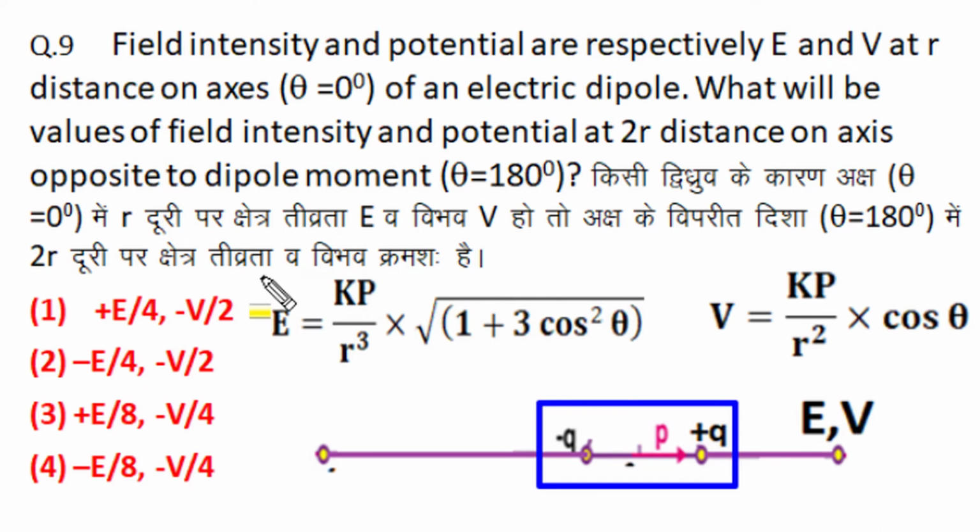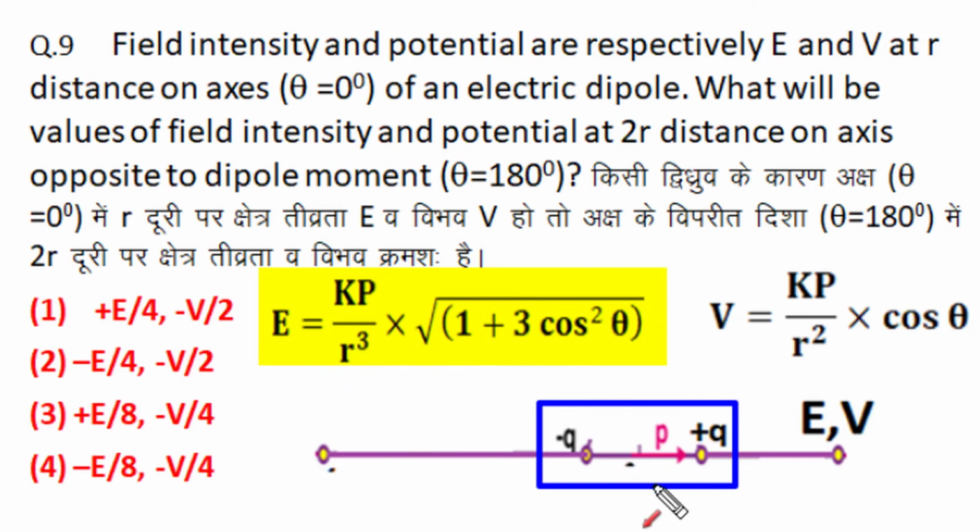Electric field intensity from a dipole moment P at a distance r from it at an angular position theta with the dipole moment is given by this yellow highlighted relation, kp upon r cubed multiplied by square root of 1 plus 3 cos squared theta, and for theta 180, cos theta is minus 1 but cos squared theta again becomes plus 1 and the result becomes 2kp upon r cubed.